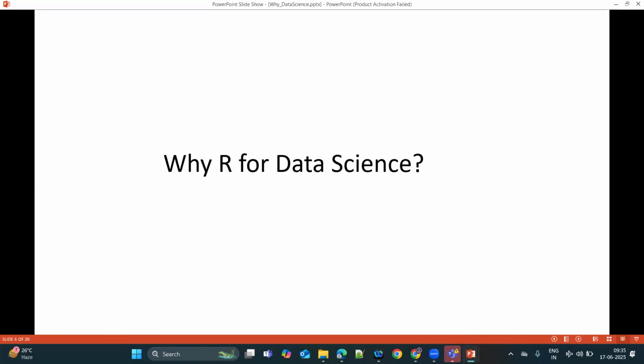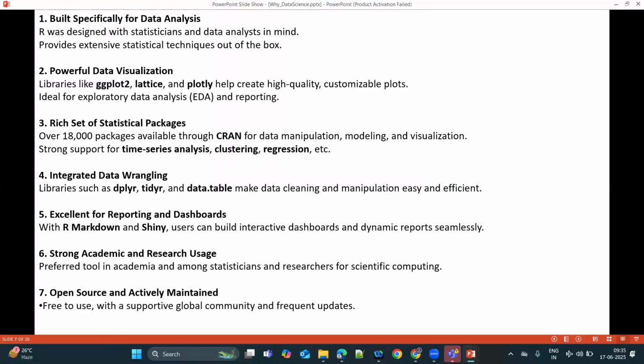Similarly, why R for data science? R is also a programming language, but currently hardly anyone is using it. There are some statistical companies that use it, but not that frequently nowadays.